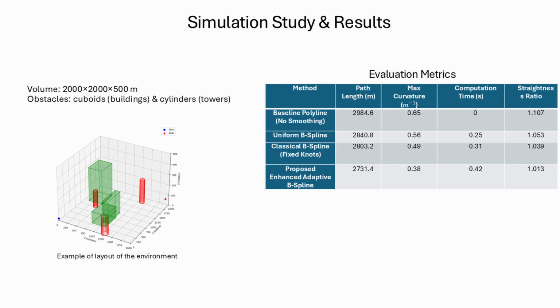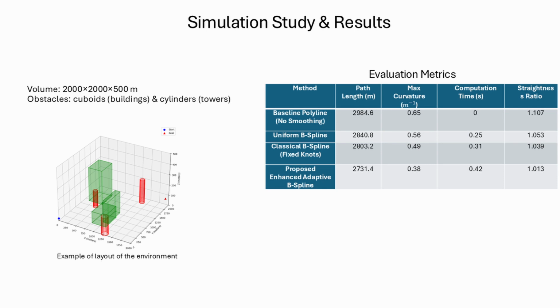The first is path length. Shorter path lengths mean less flight time and lower energy consumption. Maximum curvature. This is the most important metric for flight stability. High curvature means sharp, aggressive turns, which put stress on the airframe and can lead to instability. A lower maximum curvature means a smoother, safer, and more controllable flight.